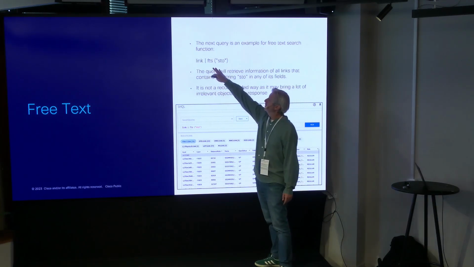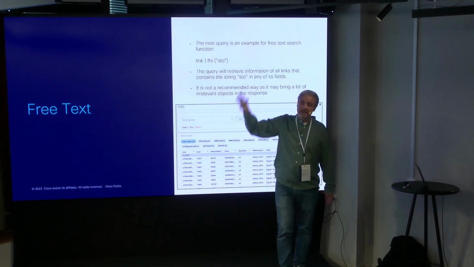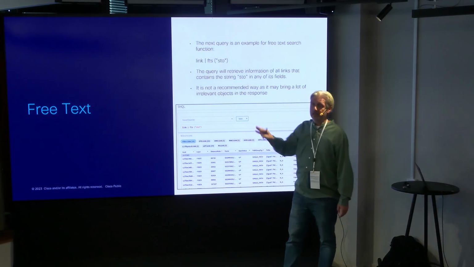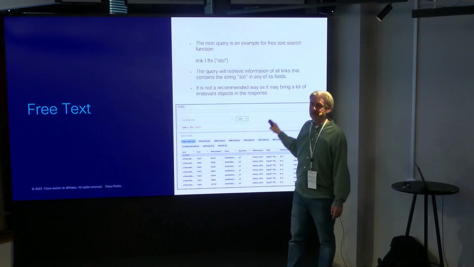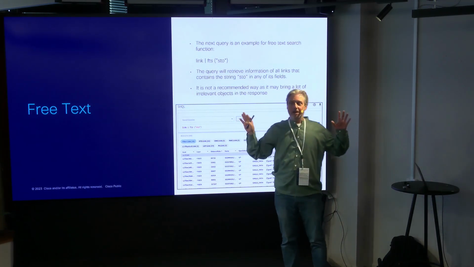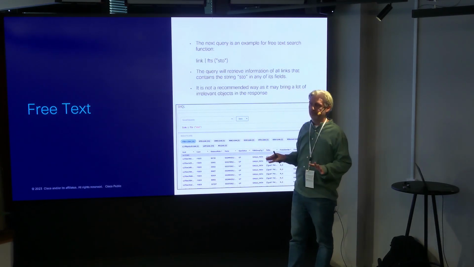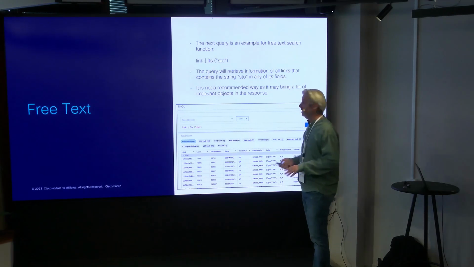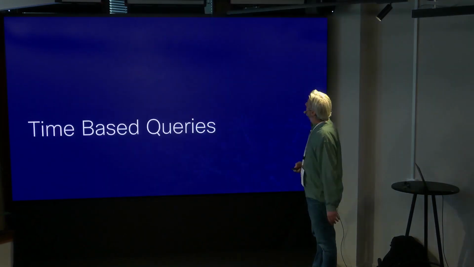So by filtering with a free text search, it will bring any link that anywhere in its attributes has that string. Okay, but don't use it because you're going to have a lot of different objects, and probably most of them will not be relevant to you. Okay, so it is a bad practice, guys.